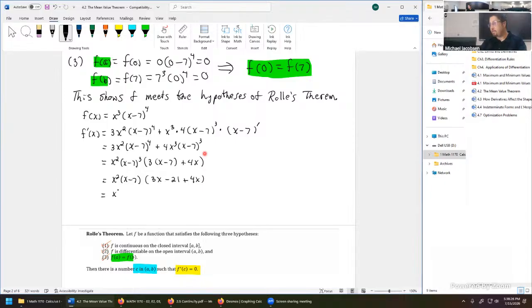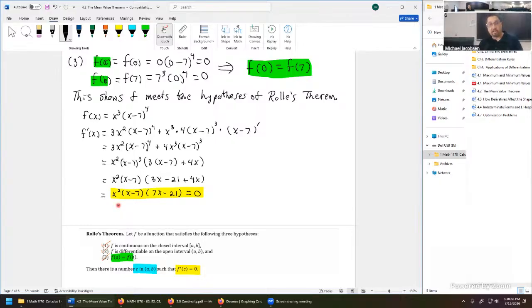And we're about there. Now it's x squared times (x minus 7) cubed times (7x minus 21). So that's our entire derivative, f prime at x, simplified all the way down through this long chain of equalities. We want to set it equal to 0, and we can do it just right here. Now set equal to 0, and this is all f prime at x set equal to 0, highlighted in yellow.